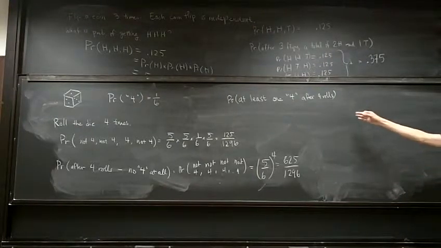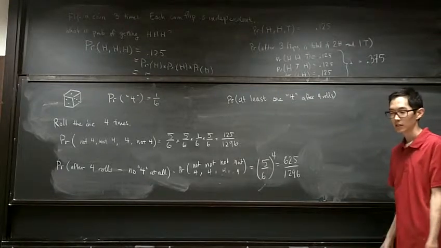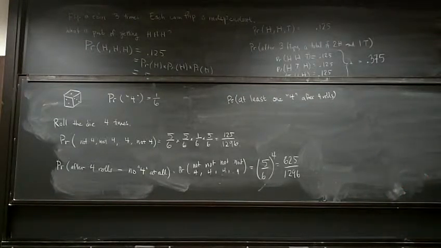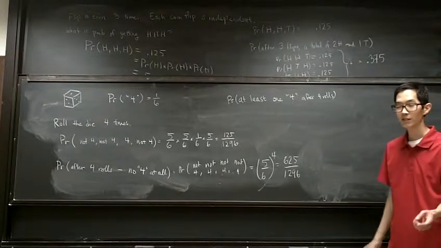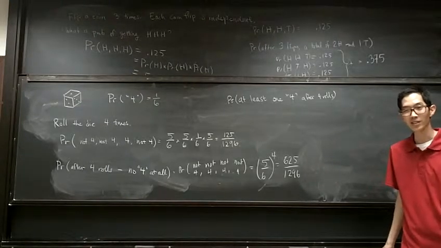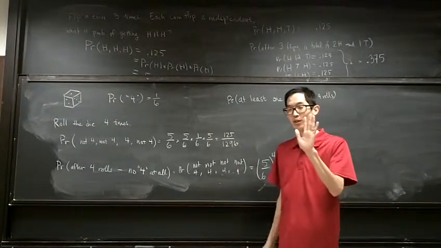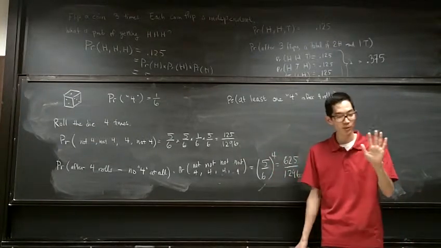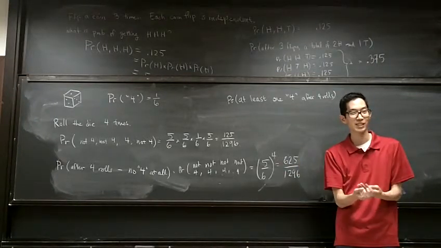Okay, at least 1 4 after 4 rolls. This is the trickiest, but not really. So to get at least 1 4 means I could have seen, no, don't jump there yet. I rolled the die 4 times. Now, what's the most amazing thing that could have happened? All 4s.